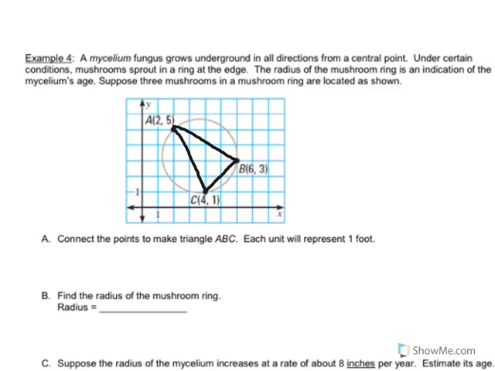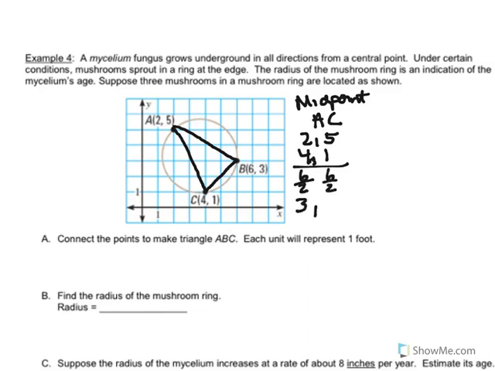So what we would do is find the midpoint for each one of those line segments. For example, AC is 2, 5 and 4, 1. To find the midpoint, I'm going to add the x's and then divide by 2. So that gives me 3. Add the y's, divide by 2. So 3, 3 is the midpoint of line segment AC.